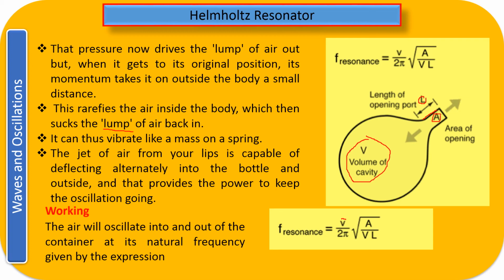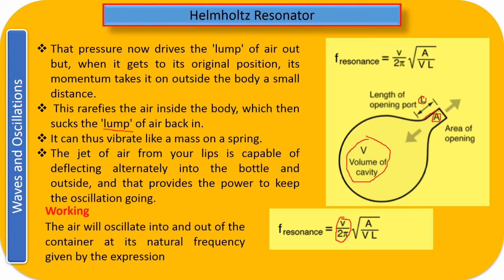So the resonance in this case is directly proportional to, let us suppose this is your proportionality constant, v upon 2π, which is a constant because v is the velocity of sound. So f_resonance is directly proportional to the square root of the area of your neck.